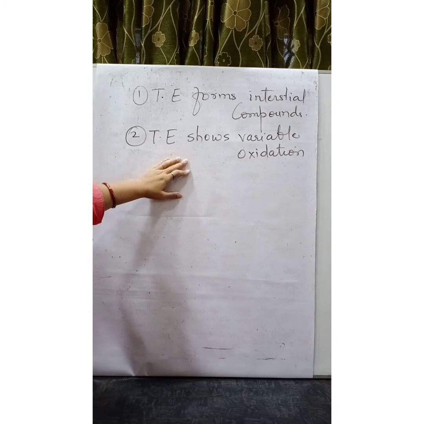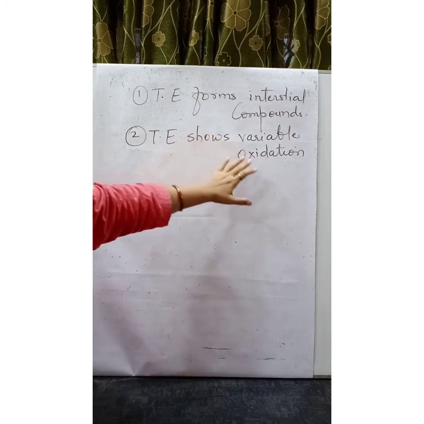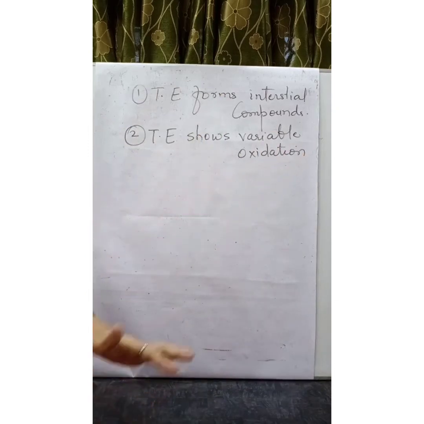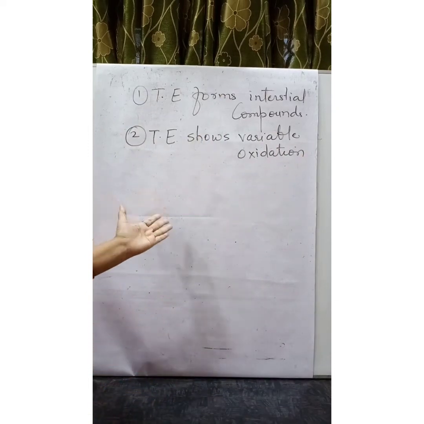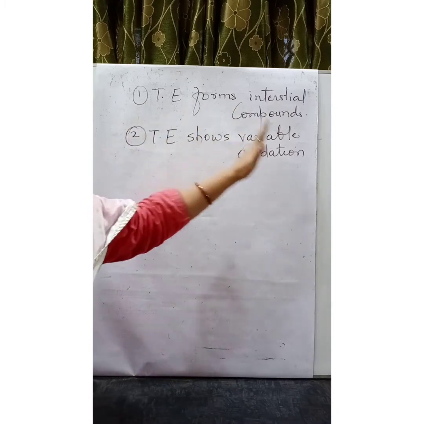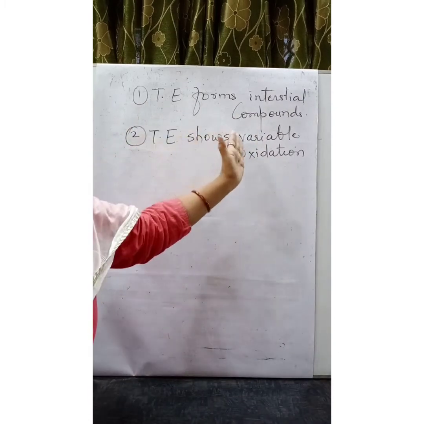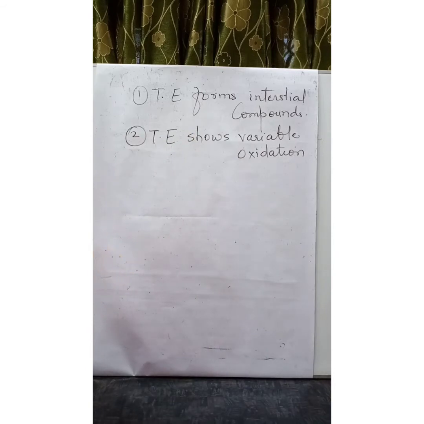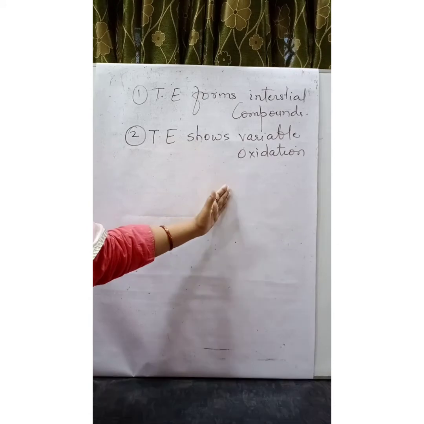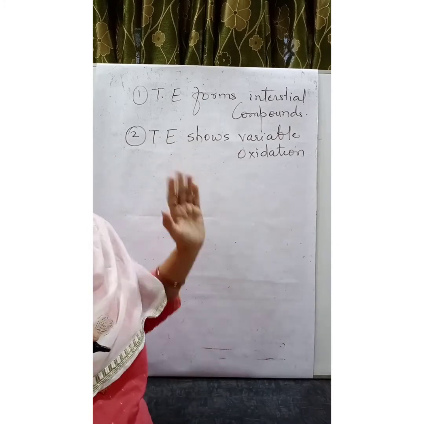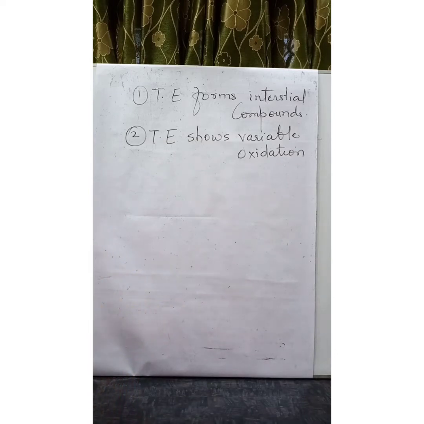In transition elements, the penultimate shell also participates in chemical reactions along with the valence shell. Due to this, the transition elements are capable of showing variable oxidation state. The heavier the element, the greater the tendency to exhibit lower oxidation state.